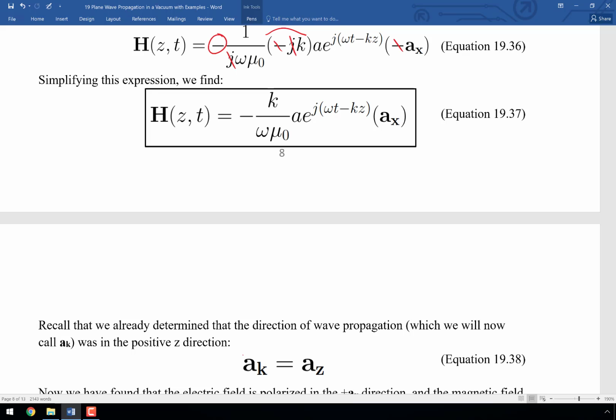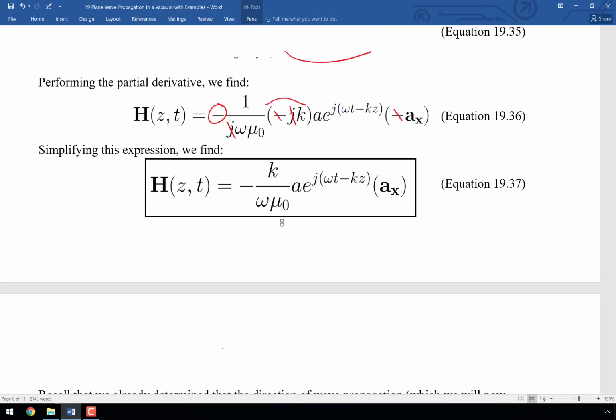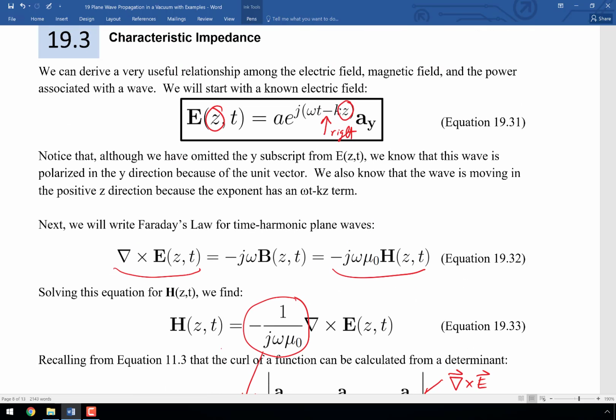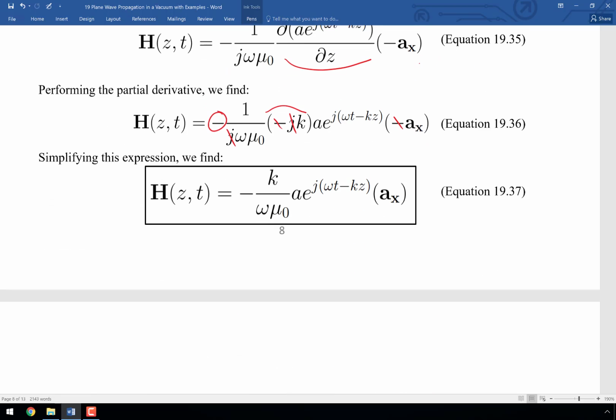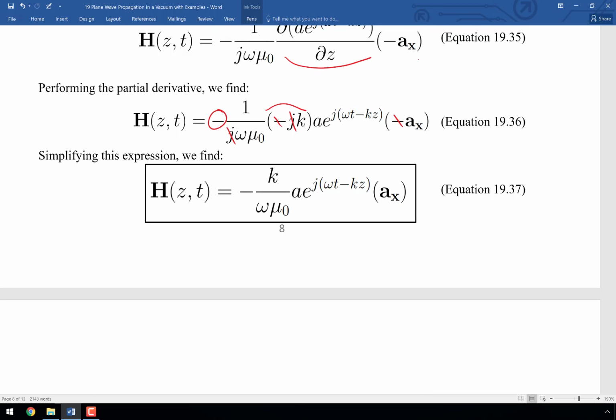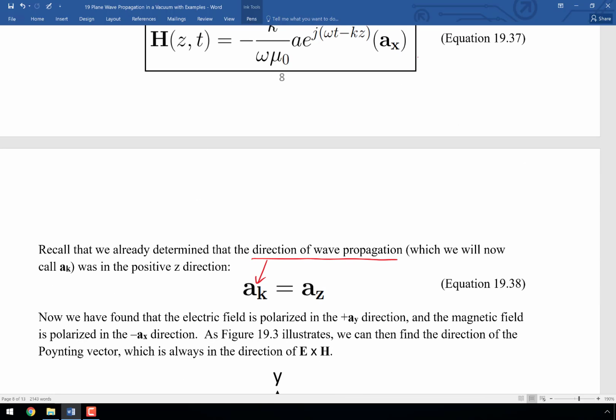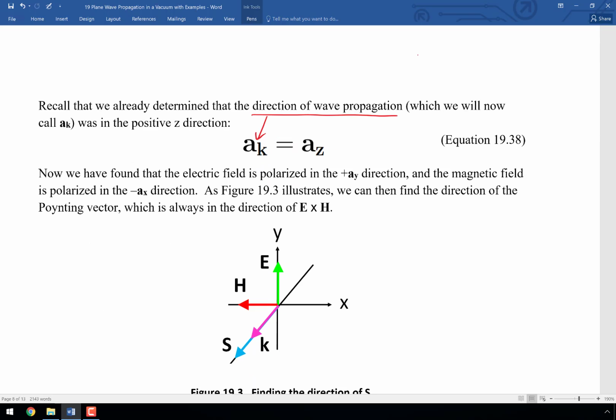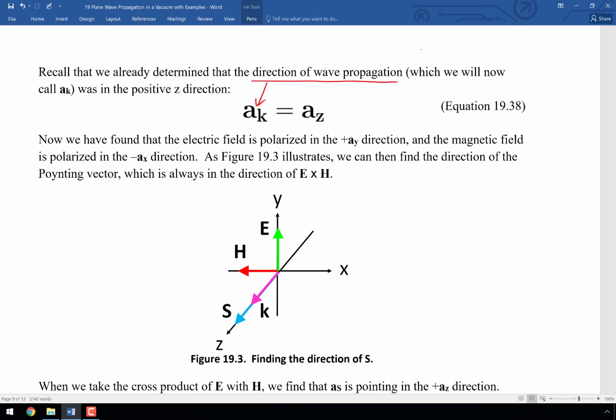We already identified that the wave was moving in the positive z direction, so right away from the very first line, we could say a sub k is in the positive z direction. So we now know the direction of polarization of E, the direction of polarization of H, and we also know the direction of propagation. Let's look at those on this figure.